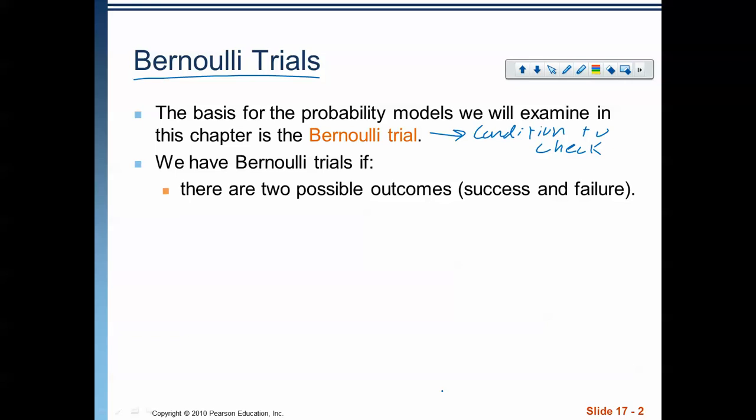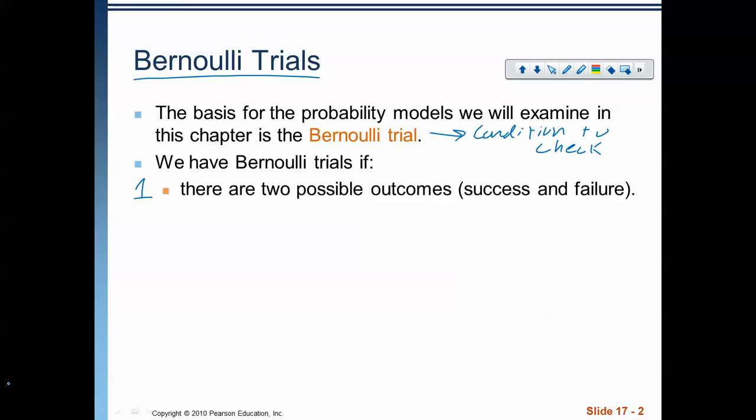First of all, there are two possible outcomes: success and failure. Those might be, for example, we flip a coin and it's heads or it's tails. Two possible outcomes. That's one of the three conditions we can check.